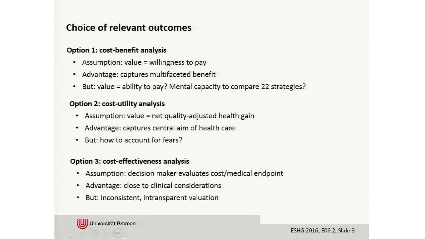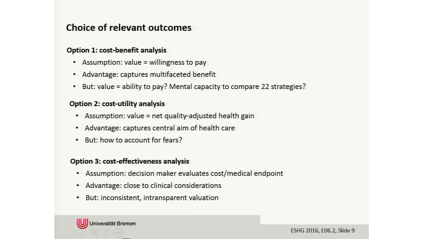So a third option would be cost-effectiveness analysis. You could calculate any medical outcome. You could also calculate life years gained. It has the assumption that somehow the decision maker will make this valuation, and somehow the decision maker is right by making this evaluation.